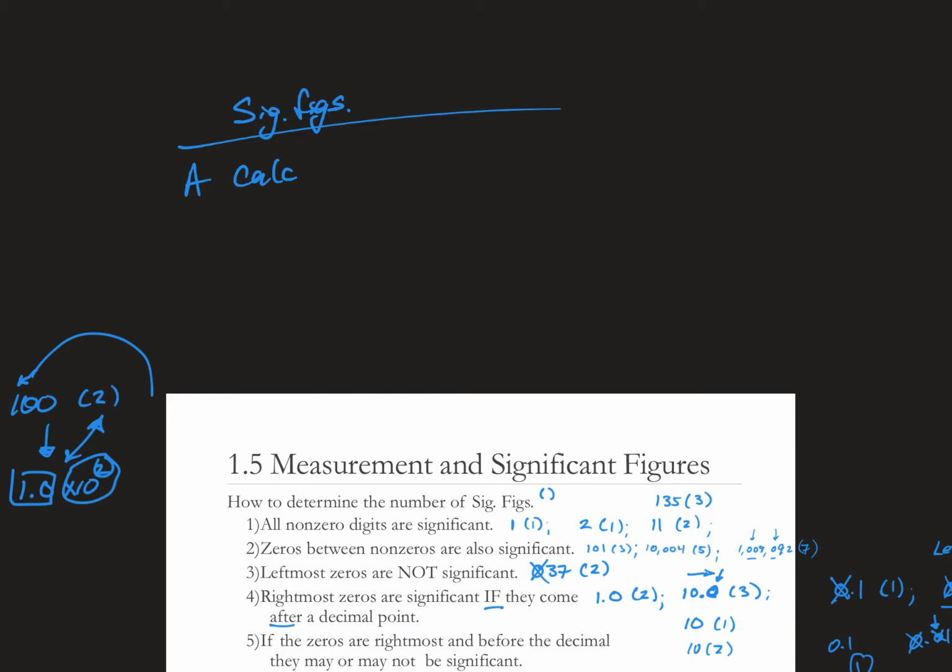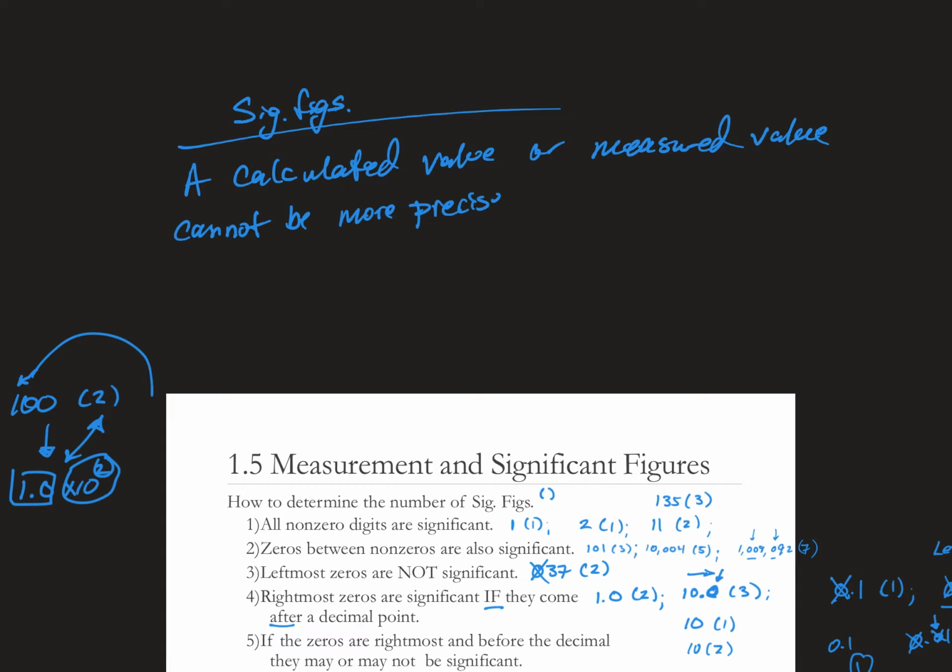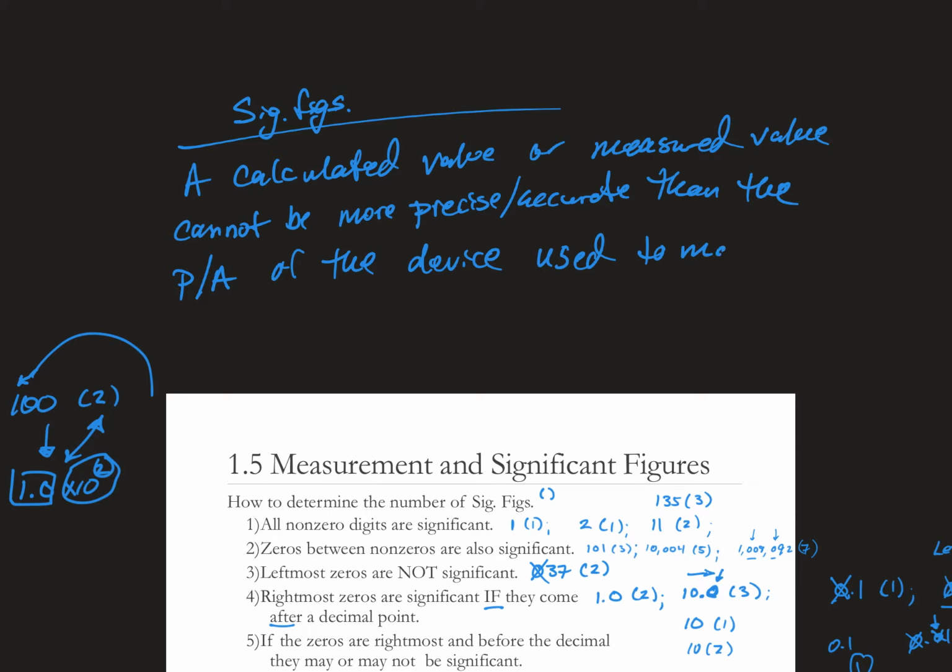A calculated value or a measured value cannot be more precise or accurate than the precision or accuracy of the device used to make a measurement.